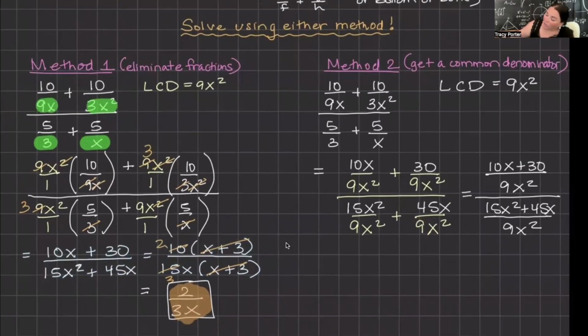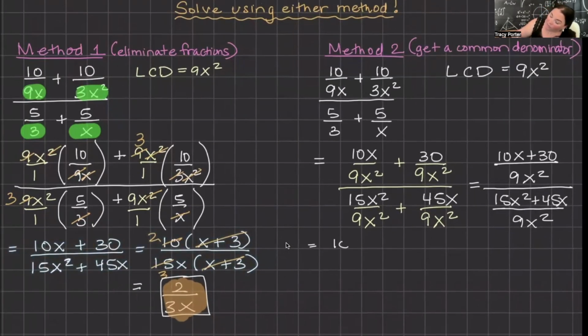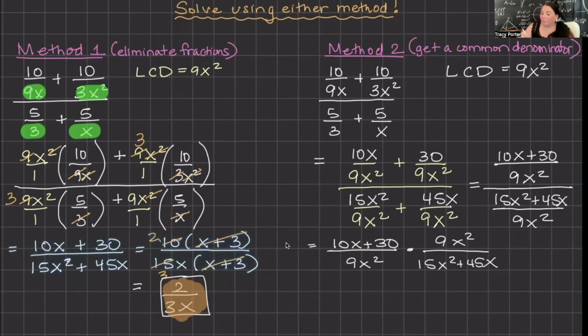So we can go down here and say that this is really going to be 10x plus 30 over 9x squared times 9x squared over 15x squared plus 45x. And then you can cancel. And now we end up at the same step that we had in the first method, right? The 10x plus 30 over the 15x squared plus 45x.